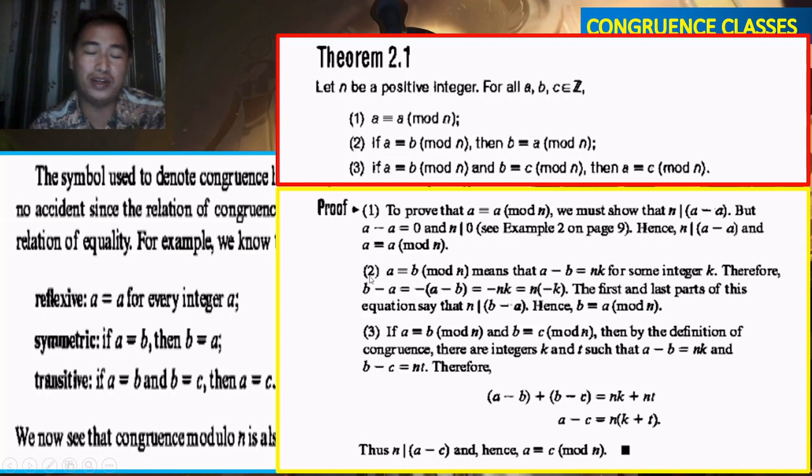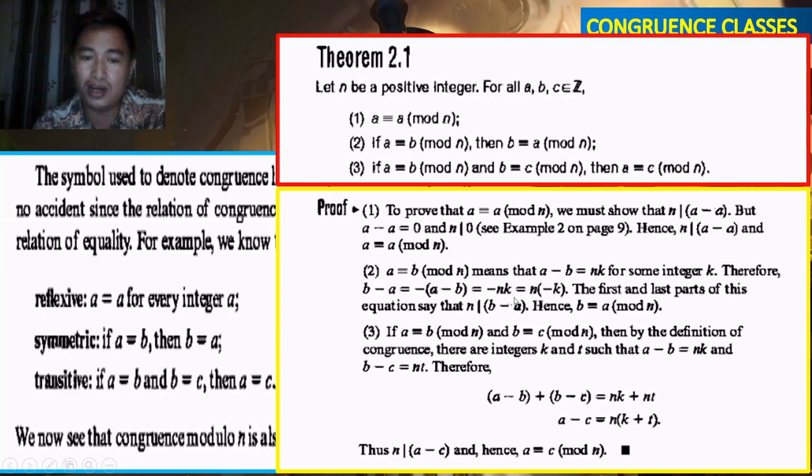Okay na. Number 2. A is congruent to b mod n, meaning niya, a minus b is equal to nk for some integer k. So, ang iyang definition ani is n divides a minus b, so, for some integer k.